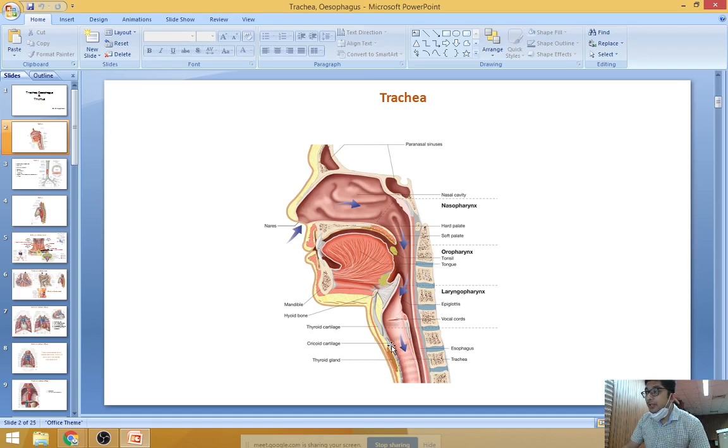Till the cricoid cartilage, it is the larynx, and just posterior to it, it is still the pharynx. From the cricoid cartilage, which is at the level of C6, cervical 6 vertebra, we call it trachea. So at the C6 level, the larynx continues as the trachea, and the pharynx at the same C6 level continues as the esophagus, isn't it?